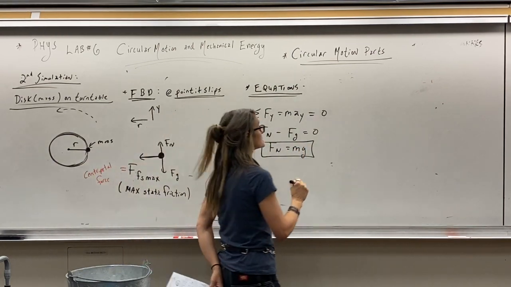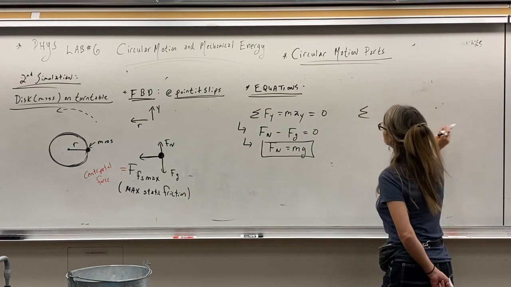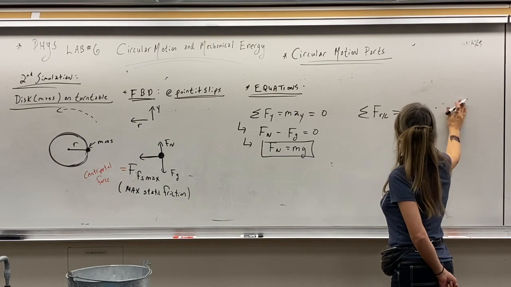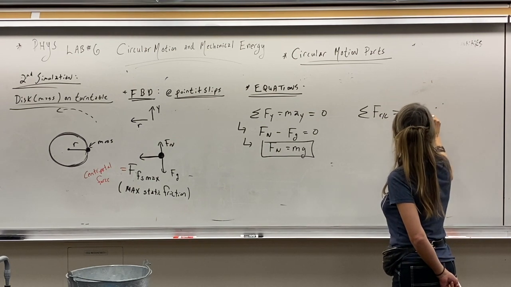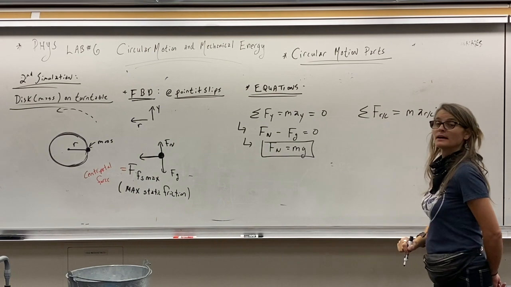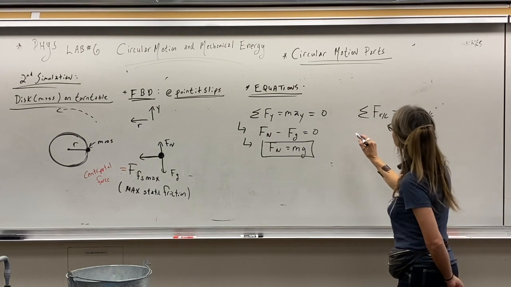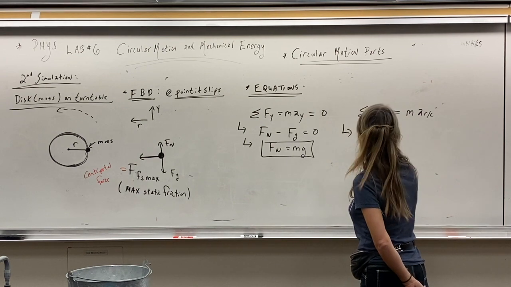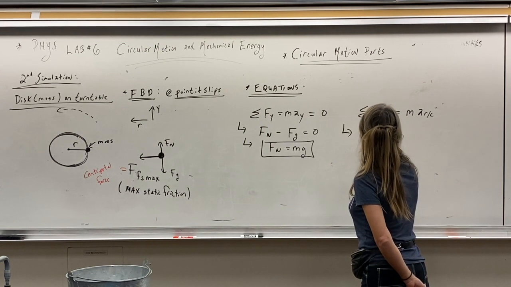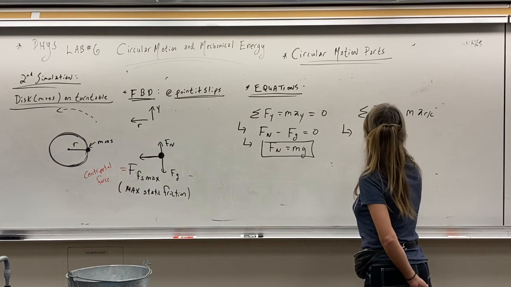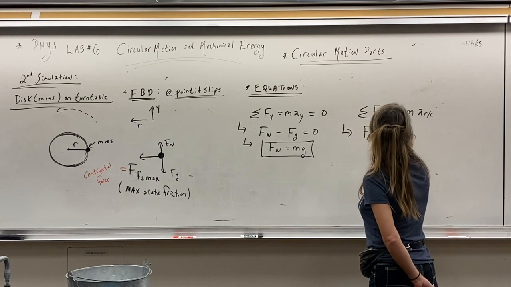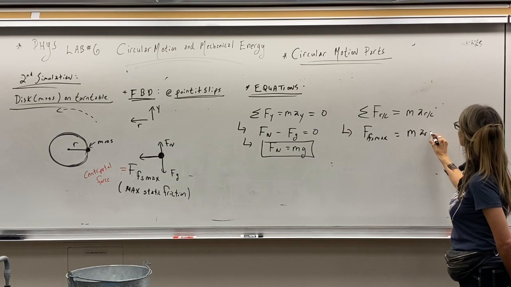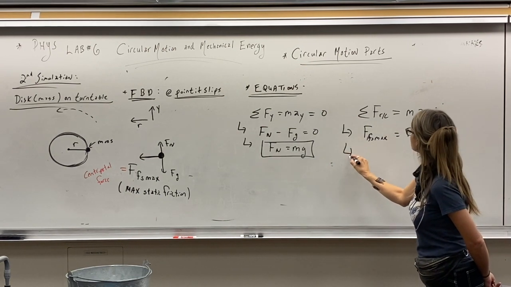The next is the sum of our radial forces, or centripetal force. Our centripetal force is equal to mass times centripetal or radial acceleration. And what makes that up? There's only one force involved here, and that is the Fs, static friction max, equals m times centripetal acceleration, and you take one extra step.